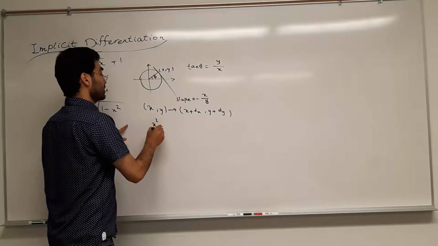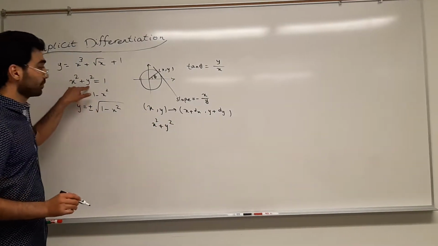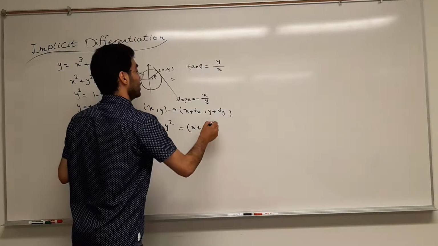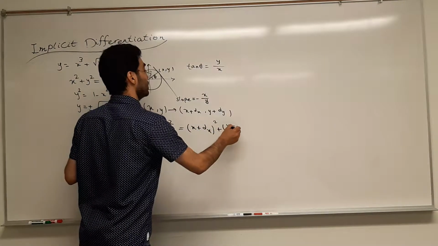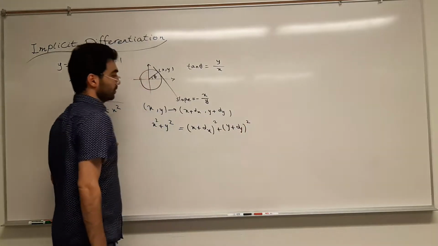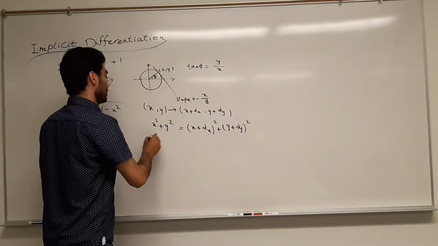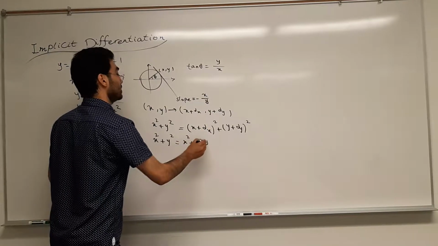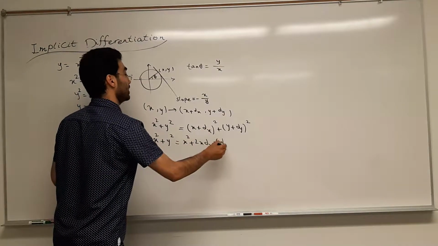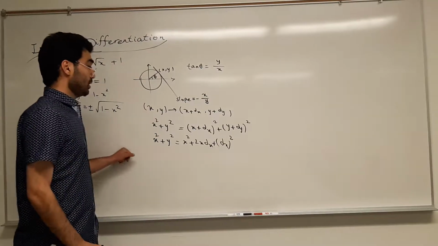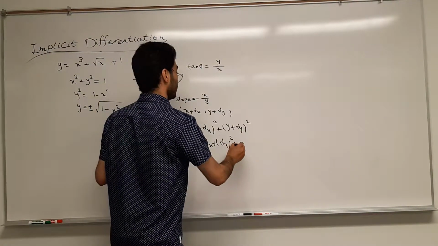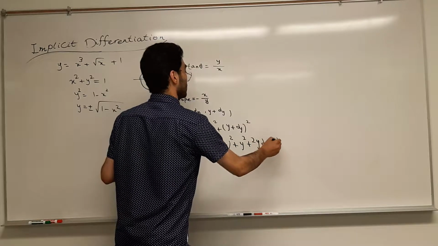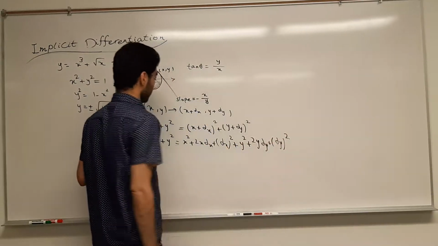So here I get x squared plus y squared, and on the right I get x plus dx squared plus y plus dy squared. If I expand the right hand side, I get x squared plus 2x dx plus dx squared, and similar things for y squared: 2y dy plus dy squared.